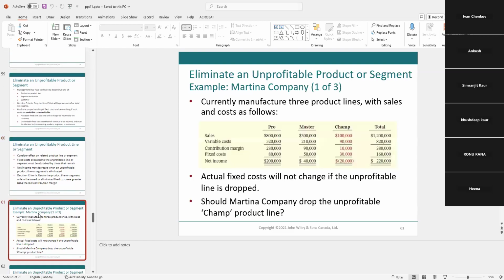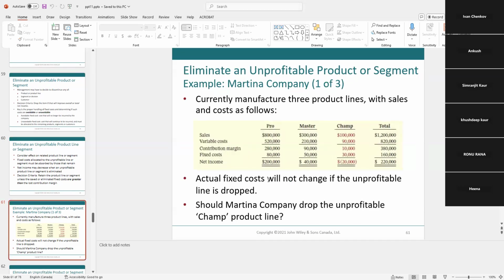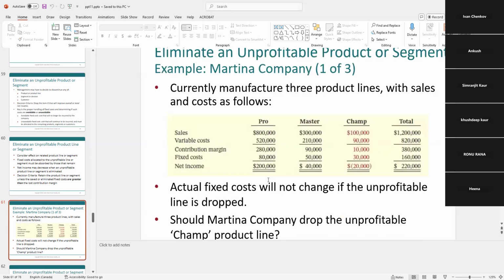Let's see this example here. Now we have those three product lines, which are Pro, Master, and Champ. As you can see, all of them are making money except the last one. The Champ is losing $20,000.